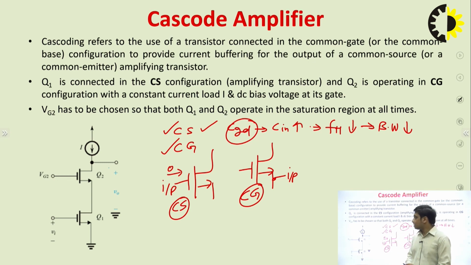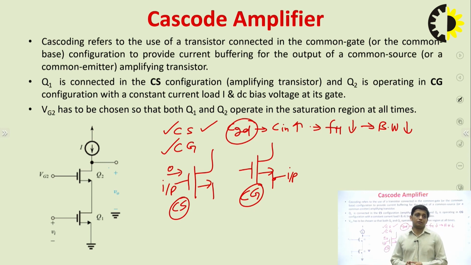So this is the limitation of common gate. That limitation is its input resistance is low. Fine. But the advantage of common gate amplifier is that it can be used for high frequency application. It has better high frequency response. Reason is there is no Miller effect in common gate.